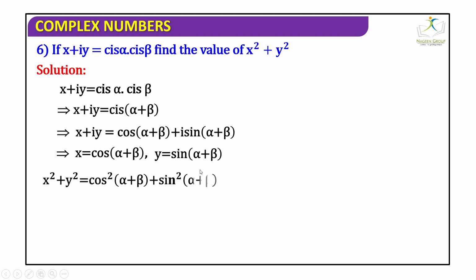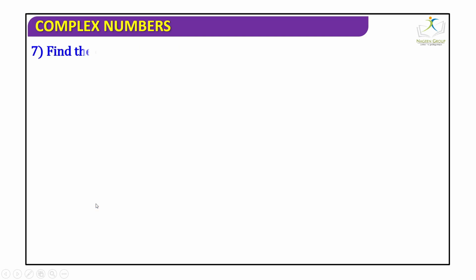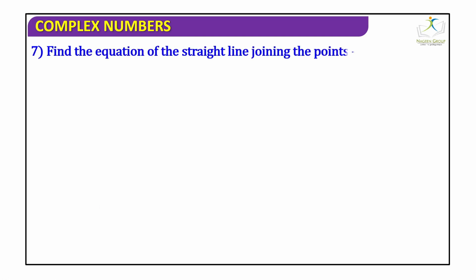So here x square plus y square is cos square of alpha plus beta plus sin square of alpha plus beta, right? By the trigonometric formula we have cos square theta plus sin square theta equal to 1, so the value will be equal to 1.